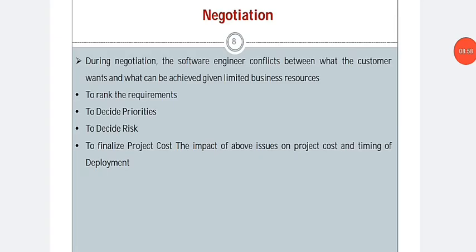The next task in requirement engineering is negotiation. In the negotiation task, we finalize the project cost, as we have already discussed. Whenever we decide the cost of the project, we have to consider different points.